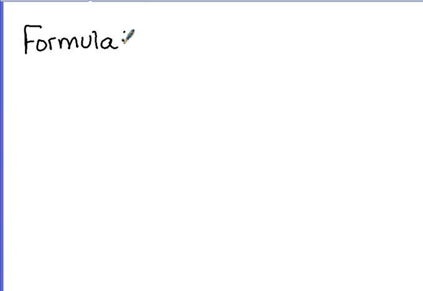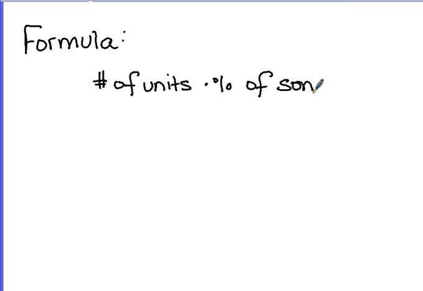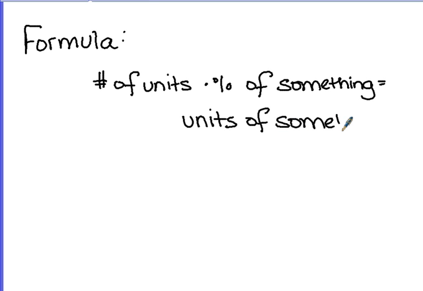So, the formula is number of units times the percent of something, and it's going to be equal to the units of something, whatever chemical we're looking for.